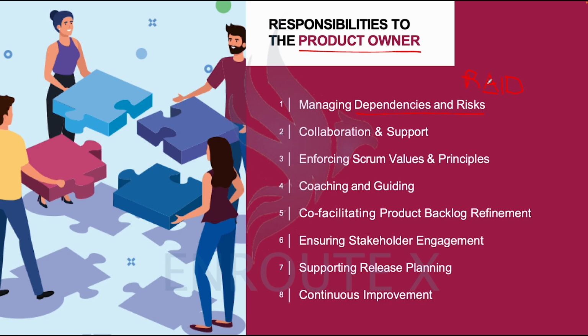I mentioned in one of the classes also that when we get to module 4, we would be looking at some of those ways by which the Scrum Master could use what we call Scrum best practices to deliver the best value of delivery for the team. So the Scrum Master here supports the product owner to deal with dependencies and risk.